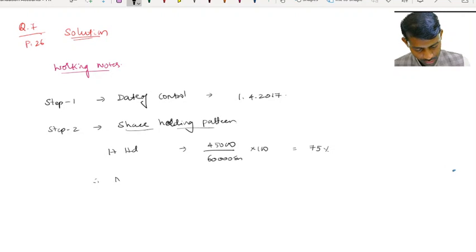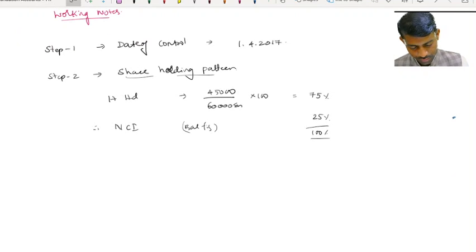Therefore, non-controlling interest is 25%, total 100%. This is the balancing figure. How do we get 60,000? Share capital of 6 lakh rupees divided by 10 each gives 60,000 shares.